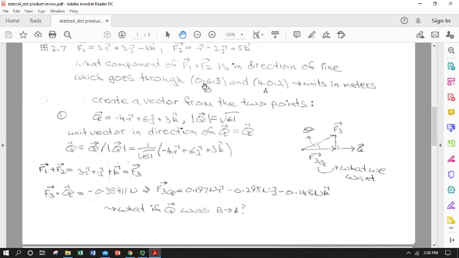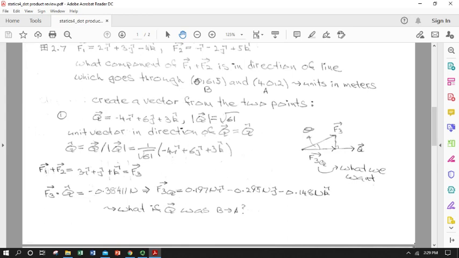So it looks like I'm going from A to B. So the vector that represents going from A to B would just be point B minus point A. In this case, this is a true length vector that I'm going to create. So I'm going to create some length vector Q that represents the direction of the line that's through these 2 points. So I subtract point A from point B.